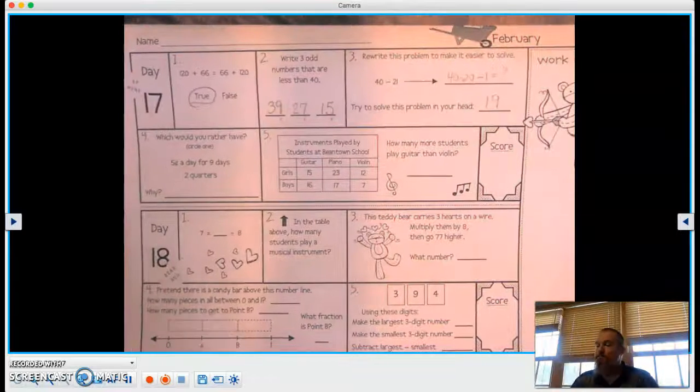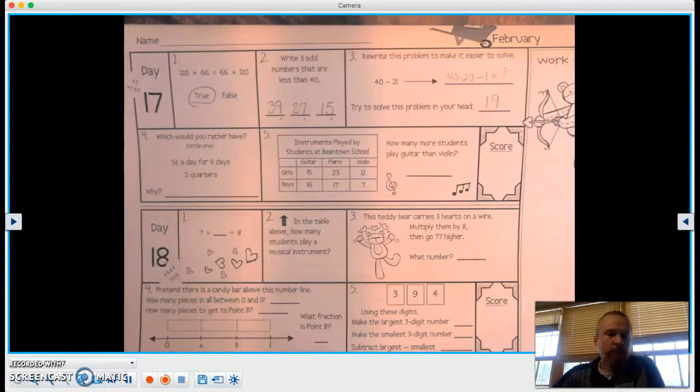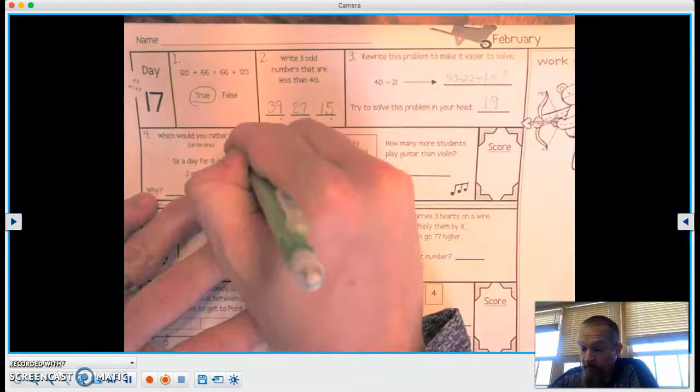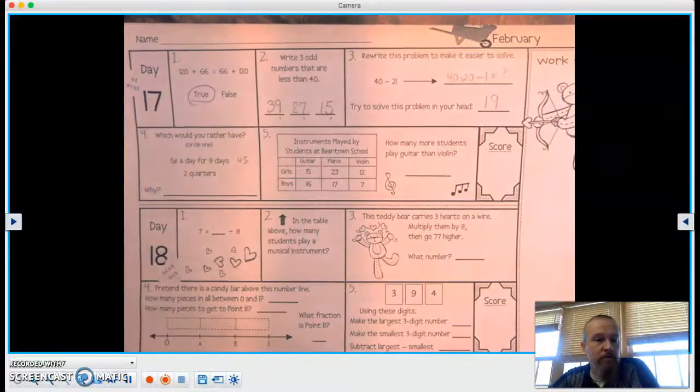All right. Number 4. Which would you rather have? 5 cents a day for 9 days or 2 quarters? Well, let's think. 5 cents a day for 9 days. So that's like taking 9 times 5, right? Which would be 9 times 5 equals 45. 2 quarters, a quarter is worth 25 cents.